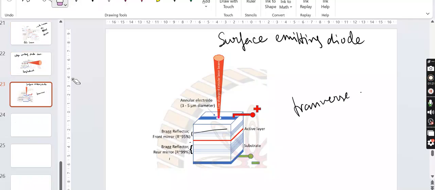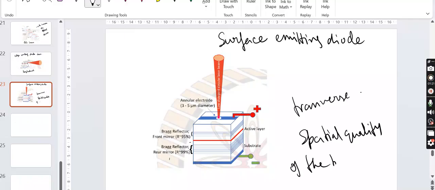Here we solve the problem of the edge emitting diode, and the spatial quality of the beam has been improved.